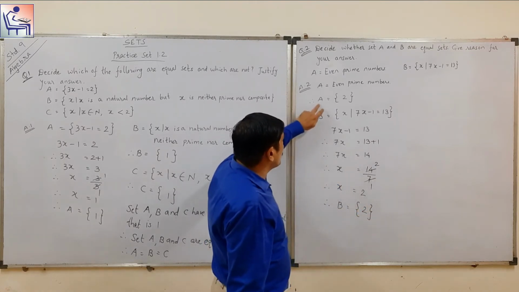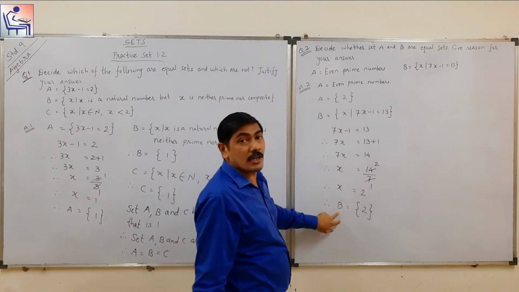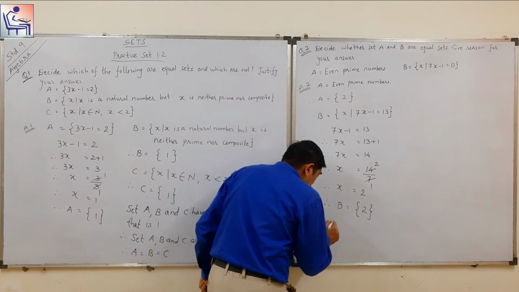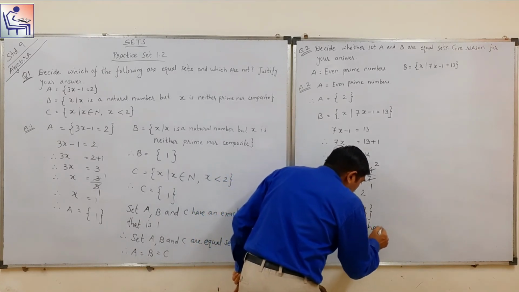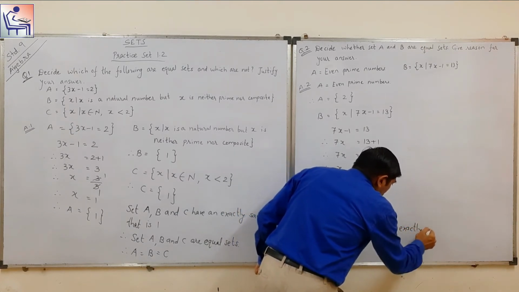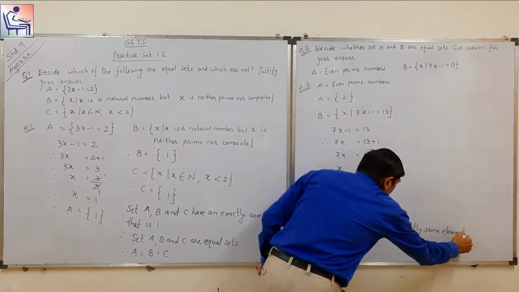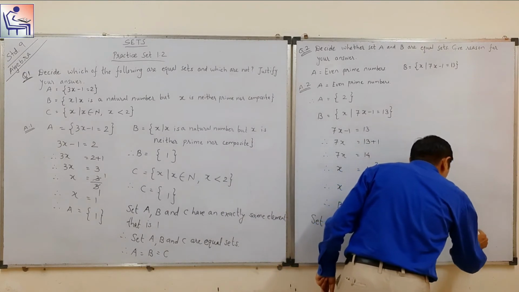Now if you see, set A is also having an element 2 and set B is also having an element 2. So here we will write: sets A and B have exactly the same element, that is 2.